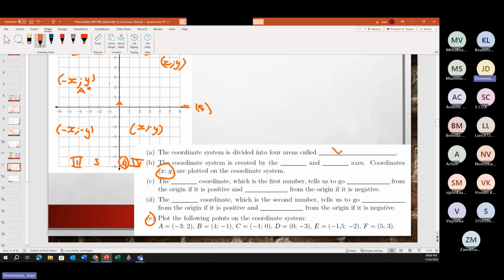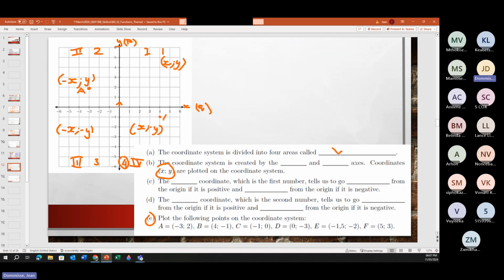So minus 3 and 2 is there. X for Y minus 1, X for Y minus 1, so that will be plot B. For C, minus 1 is X, Y is 0.